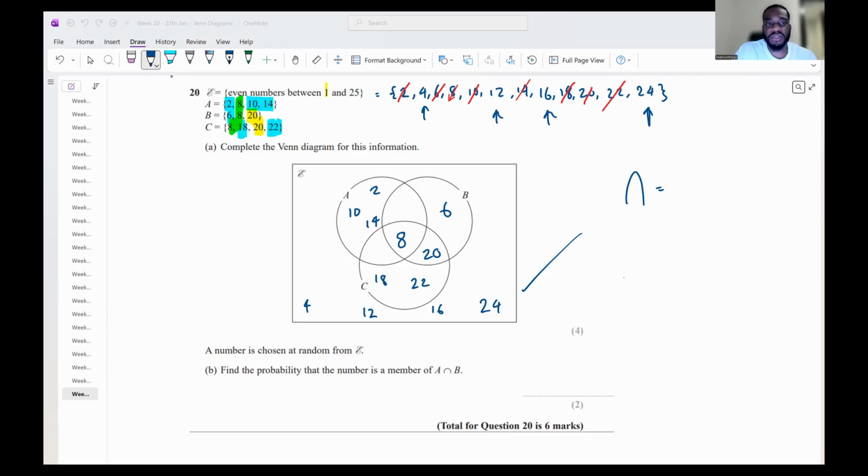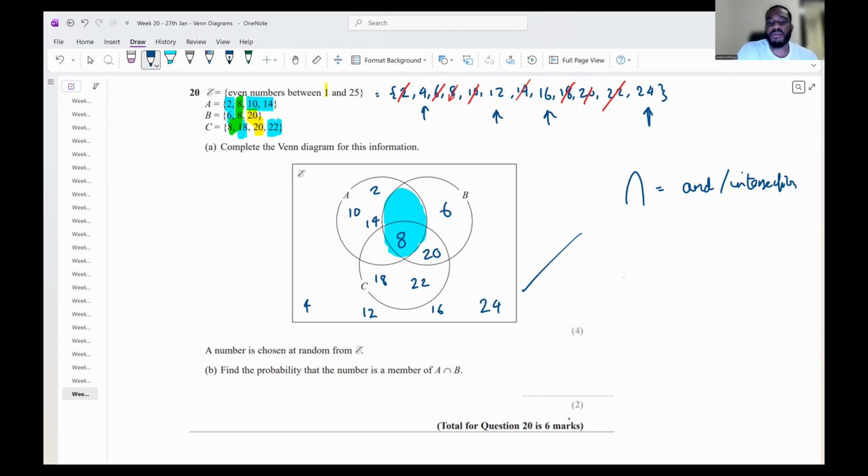The middle, yeah, exactly. Fantastic. The section of A and B. So this is the intersection of A and B. So therefore, let me just write A intersection B.